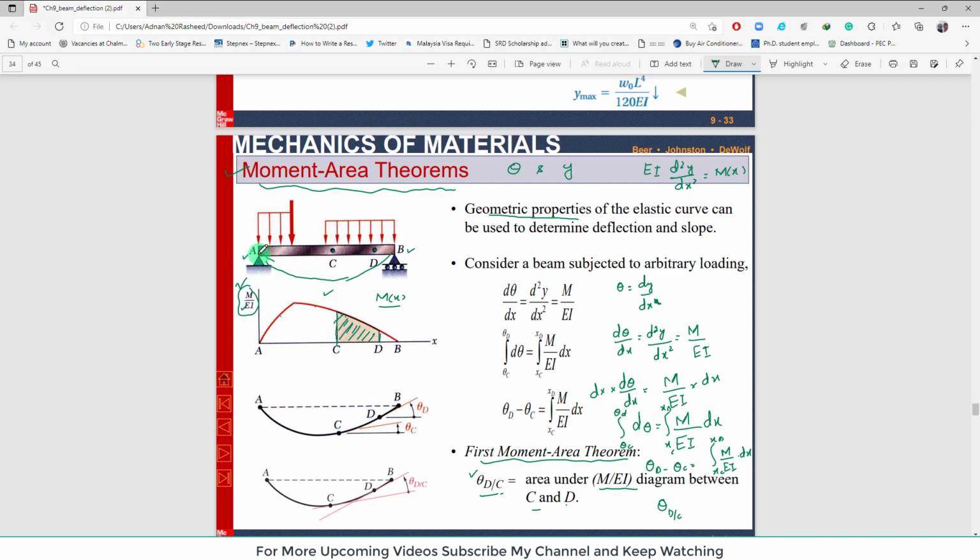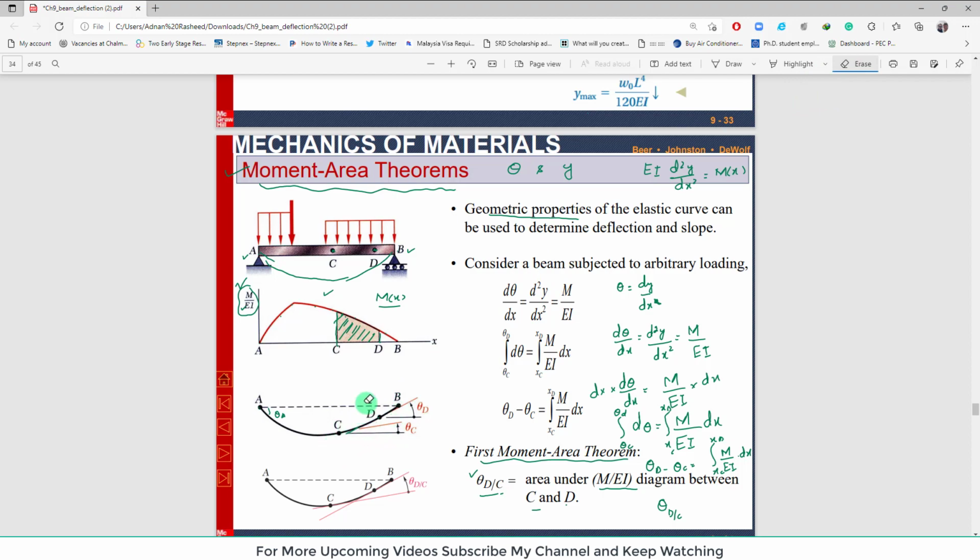So this is point A and point B. At point A and point B there will be no deflection, y will be equal to 0, but here theta will be equal to theta A and here theta B. But we are interested to find out the slope between point C and D. So you can see C and D. If you draw a tangent to point C, that will be equal to slope C. So this you can see over here as well.